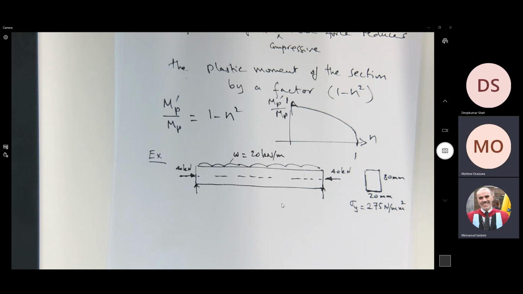Maybe I have the example here. I don't know. Okay, I've got a different example. We can do this.